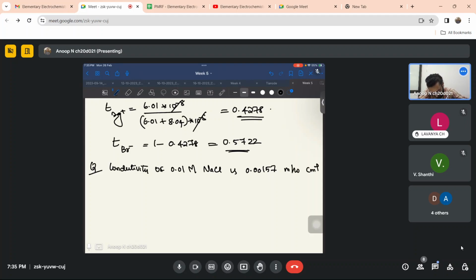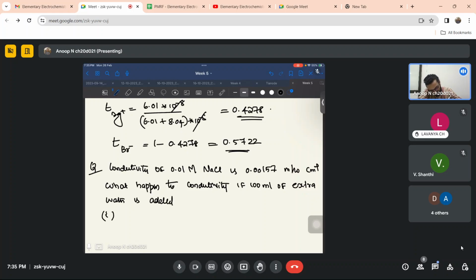What happened to the conductivity if 100 ml of extra water is added? I'll give options. A, increases.